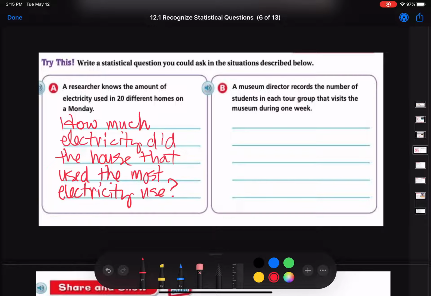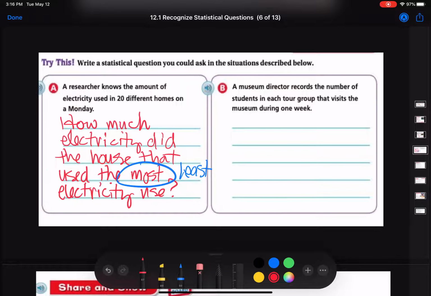Or you could change one of the words. How much electricity did the house that used the, see this right here? You could change this to least. So you could say, how much electricity did the house that used the least amount of electricity use? So just so you can see that you can kind of change it up.